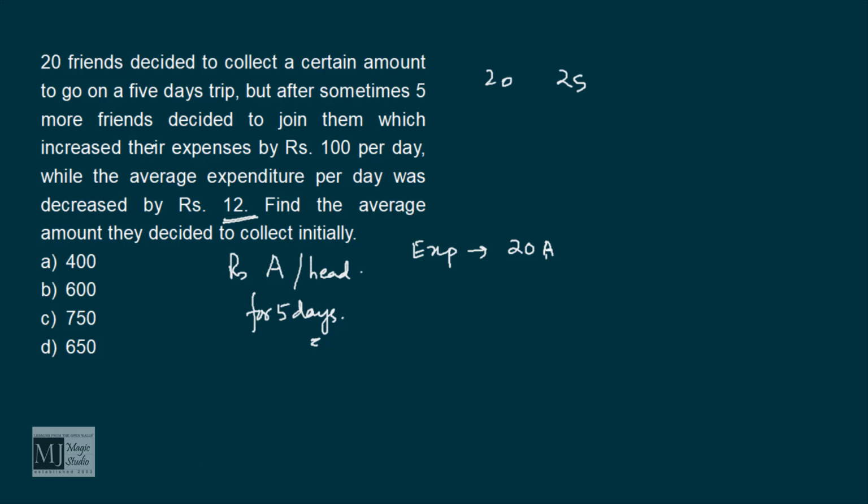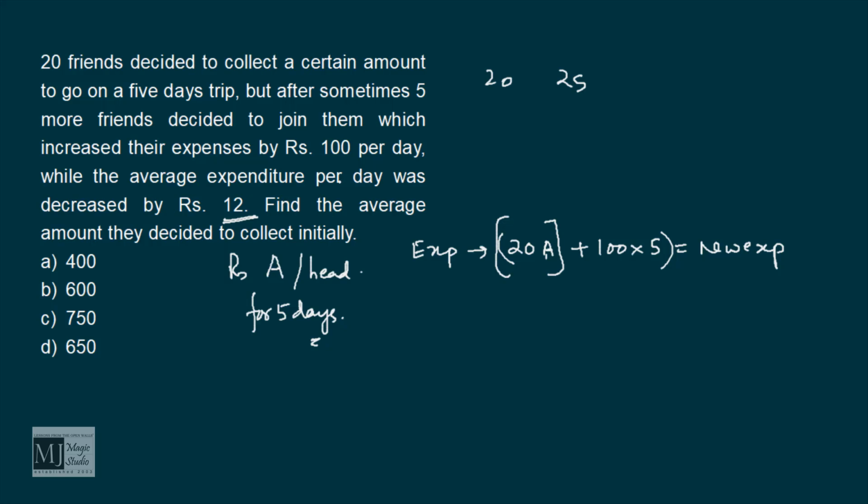Now 5 more people just turned in, and due to it, the overall expenses increased by rupees 100 per day. So if I add 100 per day to this, it should equal the new expenses, isn't it? This is new expenses. This one is old expenses.